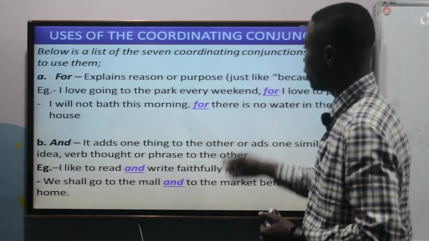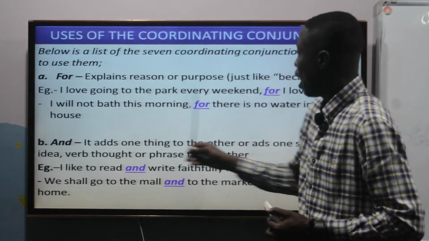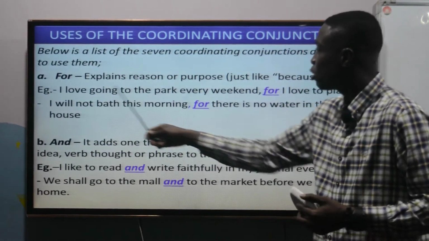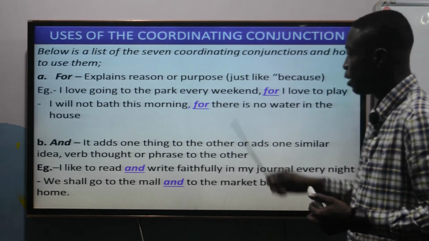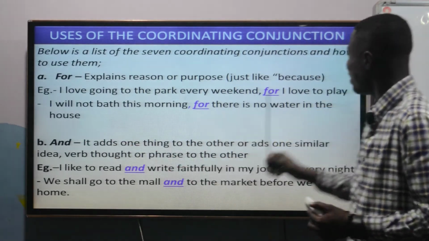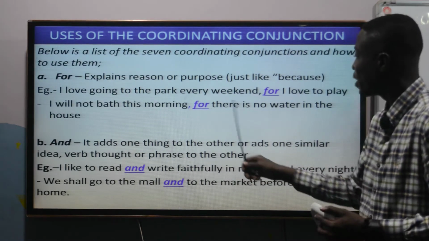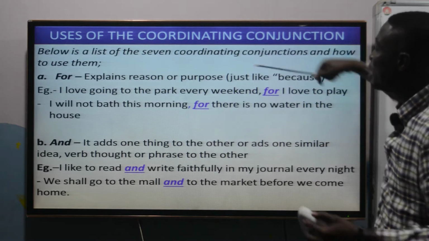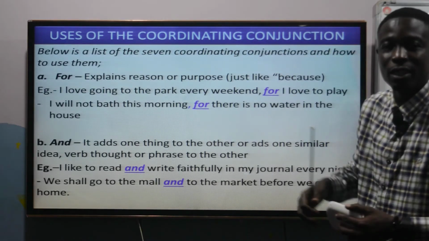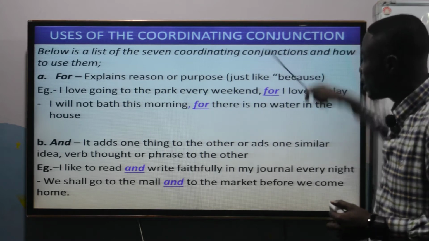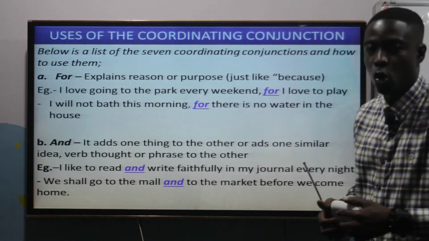So let's take note of this. The first clause, or the already stated clause, is the basic fact. And then the second clause is the reason for the first stated clause.